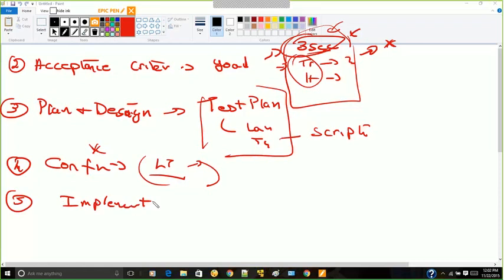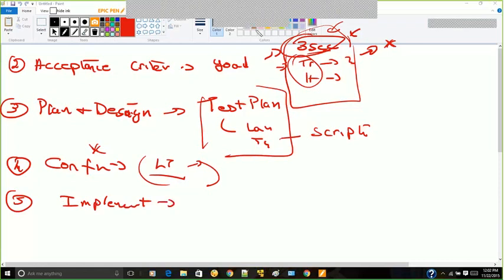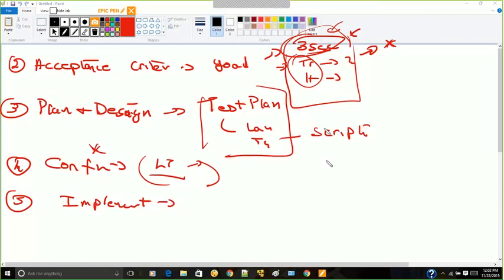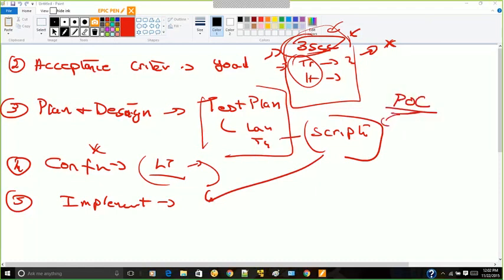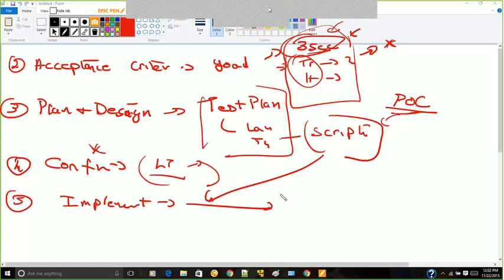Implement is where you are going to actually complete the scripting. You might do a POC here to see that everything works, and then start working on the design of your scripts.